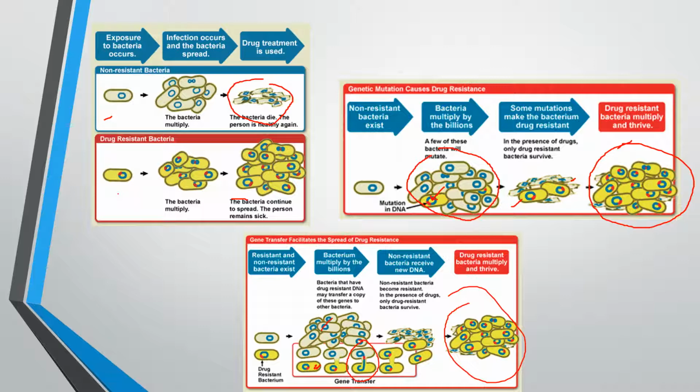Okay, that's important to remember. So we have to make sure that we are taking into account all of the members of the colony. You never want to do your sensitivity from just one colony. You want to make sure you pick up more than one colony off the plate so that you take into account as many of the variations that exist as possible.